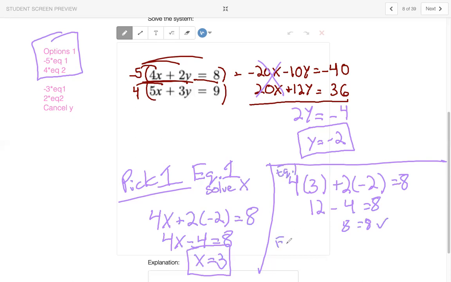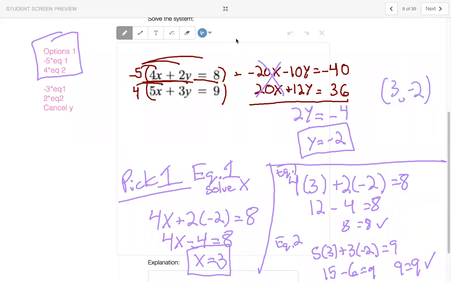If you check equation 2, this should say another true statement. 5 times 3 plus 3 times -2 should equal 9. Let's entertain it though. 15 minus 6 equals 9, which is true. 9 equals 9. That's true. Lo and behold, we checked our work. We only have one solution here, and it is the ordered pair 3, -2. Capiche? Sound good?